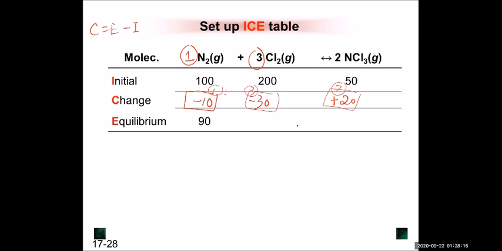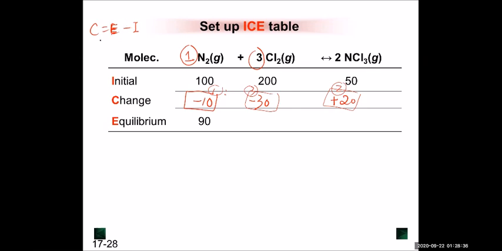Okay, so what happened to the end? What about the equilibrium for chlorine? Well, change equals the equilibrium, or the end, or the final, minus the initial.